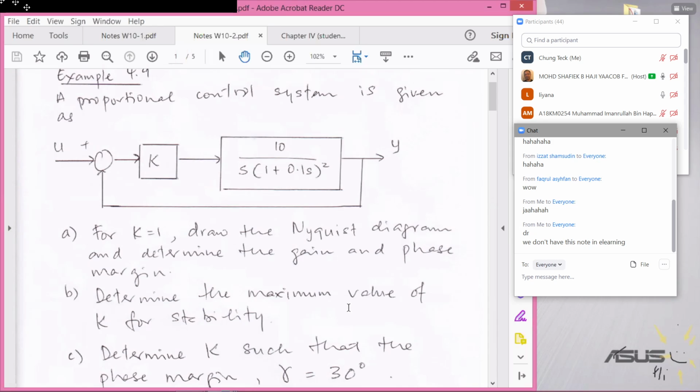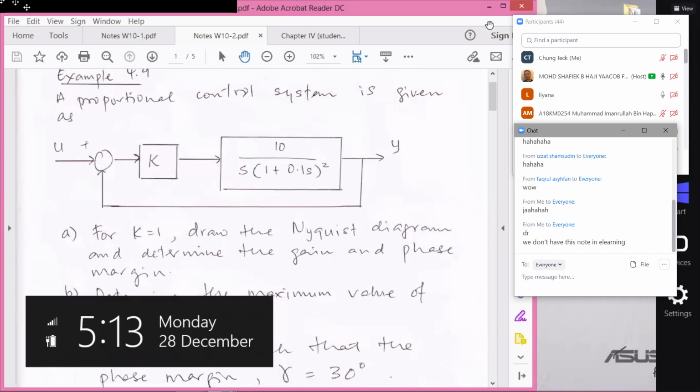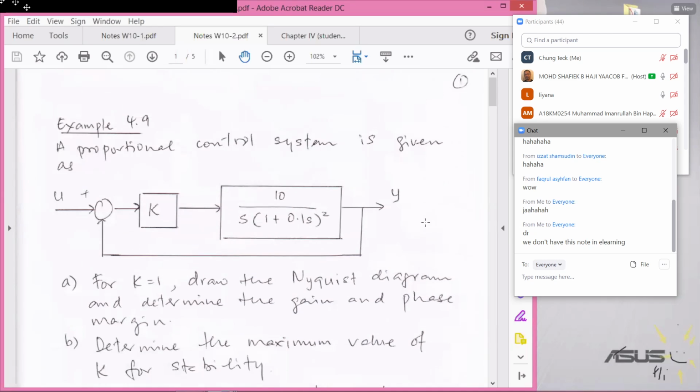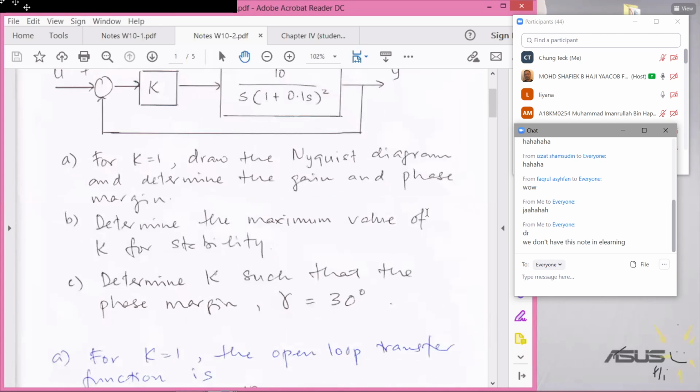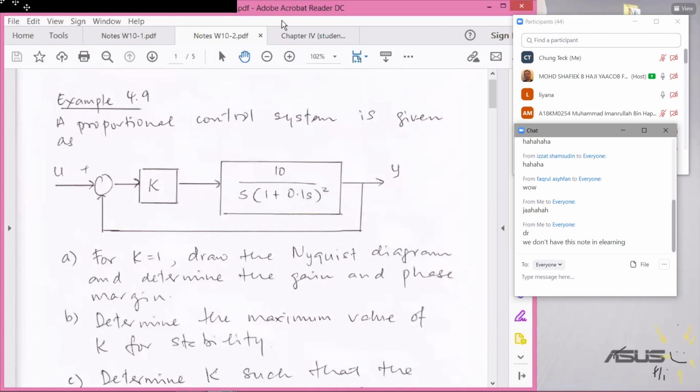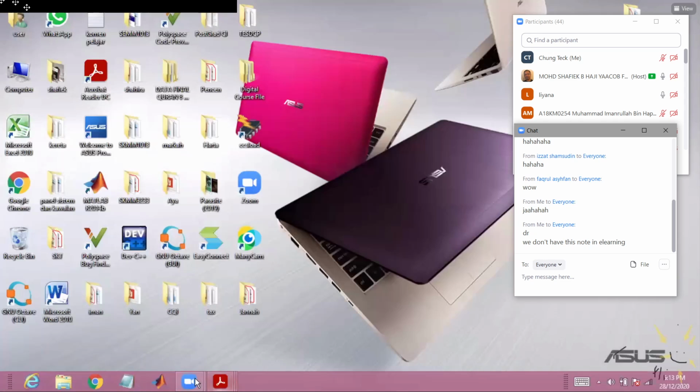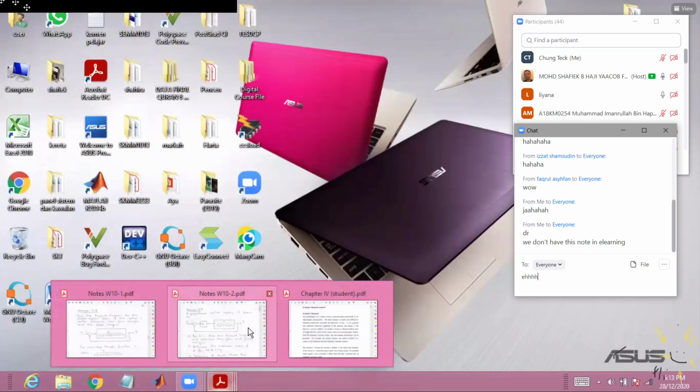We don't have this. What do you mean you don't have this note? I have just uploaded this note to your e-learning. You have this. You do. You have this note on your e-learning.